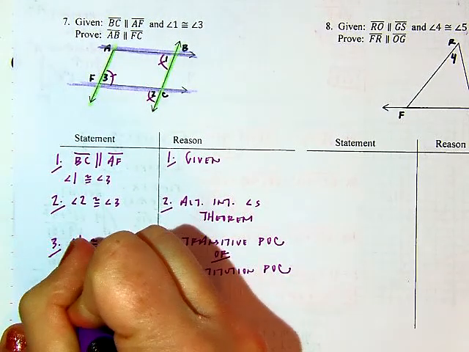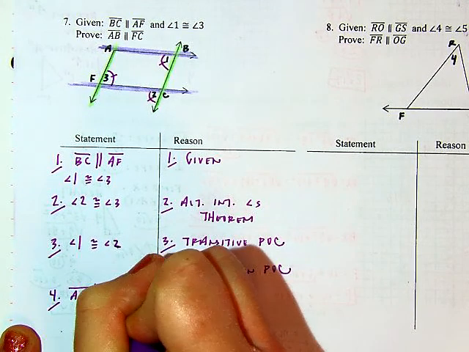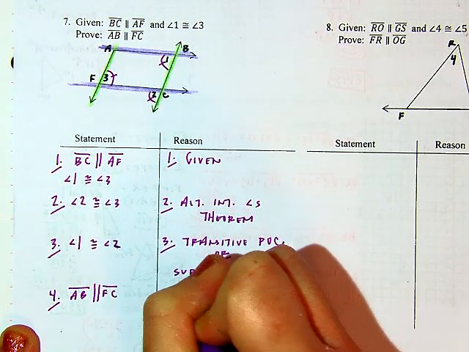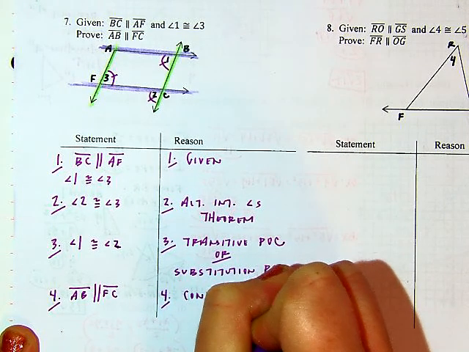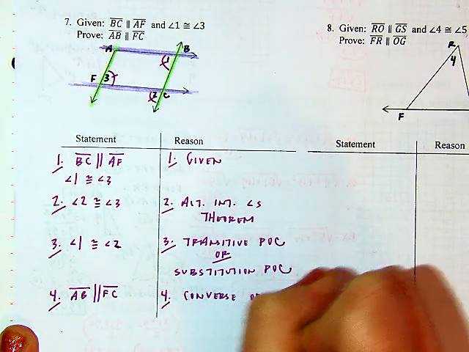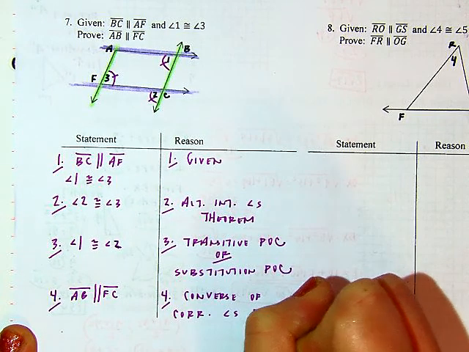So I can get to my conclusion, AB parallel to FC, because of the converse of the corresponding angles postulate.